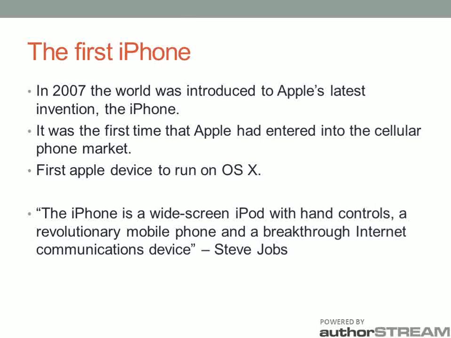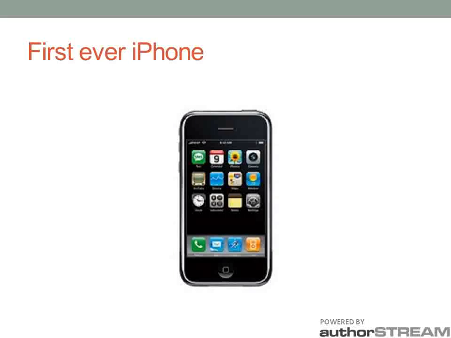Steve Jobs gave a quote of his description of the iPhone. That's a picture of the first iPhone. As you can see, it's very small and very rough on the edges compared to the latest models.